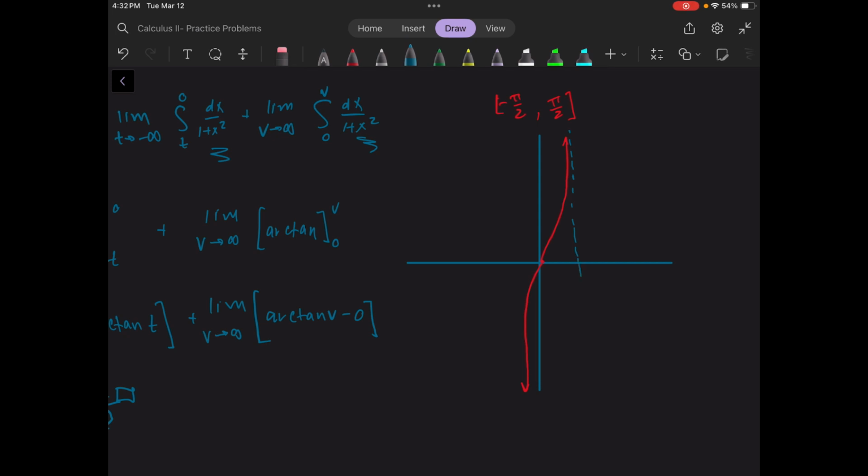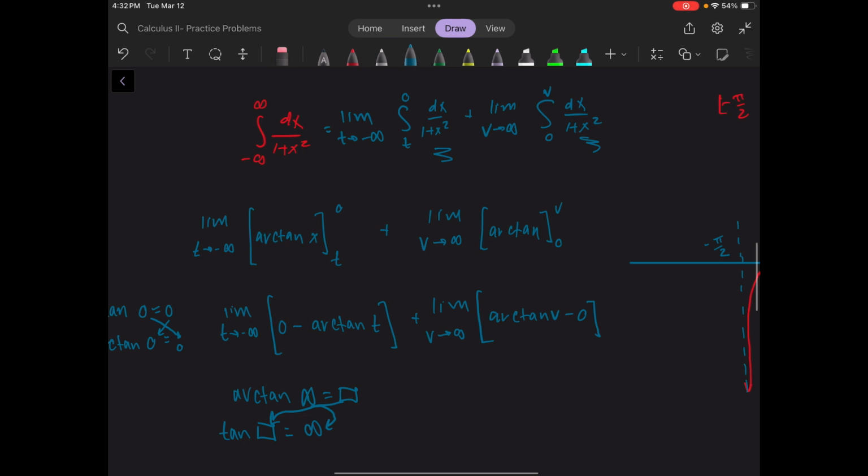And we know that tangent has asymptotes at, in this case, pi over 2. And this asymptote right here is negative pi over 2. So you could say that as tangent approaches pi over 2, its range approaches infinity. In other words, arctangent of infinity is pi over 2, right? So there's a little bit of a trig refresher.